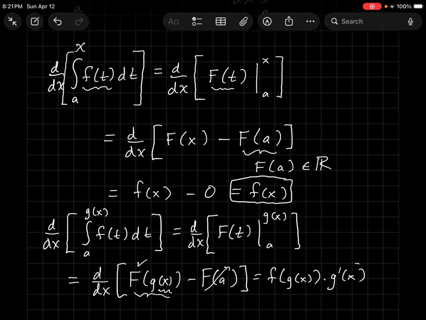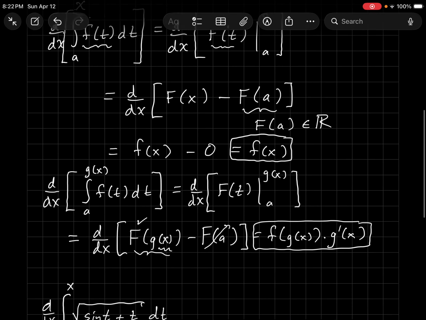And down here as well. So when I teach this, after I show why it works and how it works, I say don't do the long process anymore. Notice that there are 3 things that happen when we take the derivative of an integral. First thing, the derivative and integral cancel.